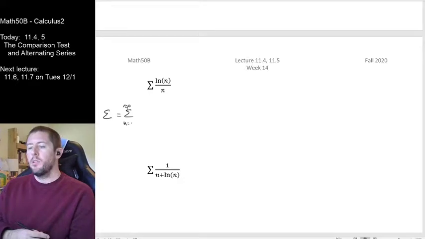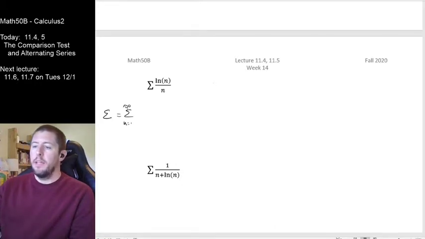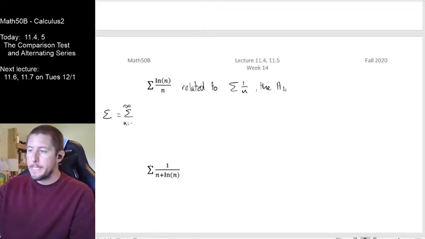All right, so this first sum, the natural log of n over n, I'm thinking to myself, I don't directly know anything about the ratio of natural log to n. What I am thinking is that this does seem related to the series just 1 over n, the harmonic series.